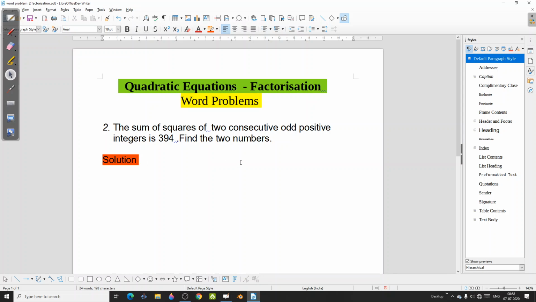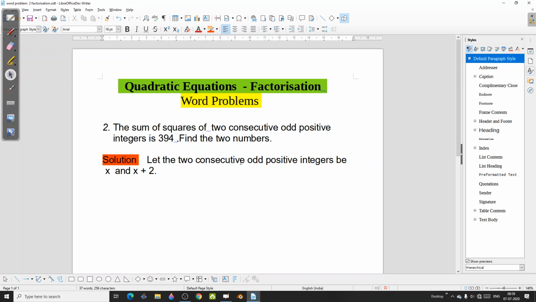So here we will take, let the two consecutive odd positive integers be x and x plus 2.